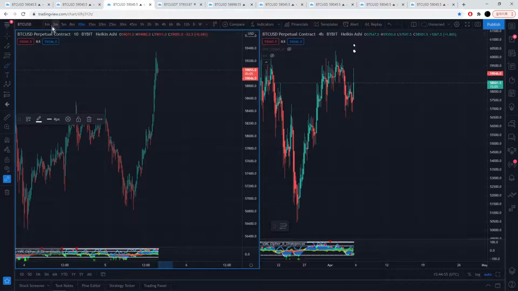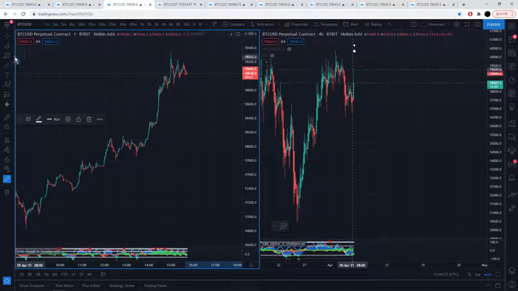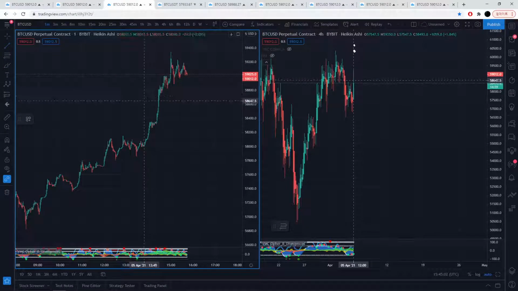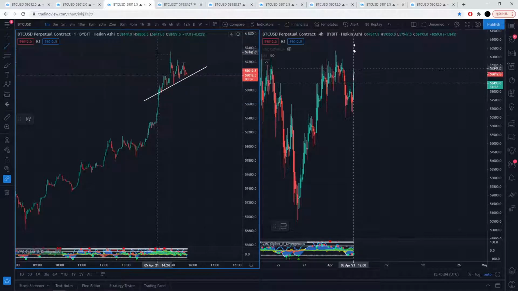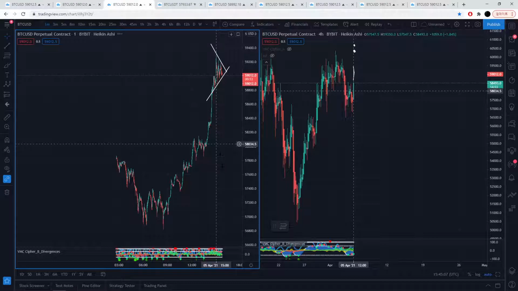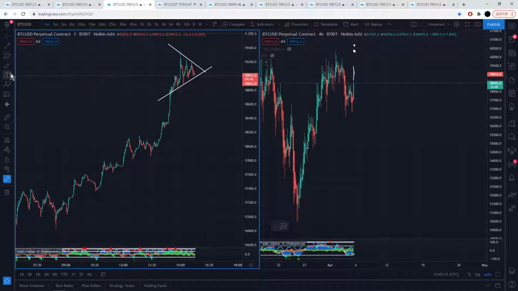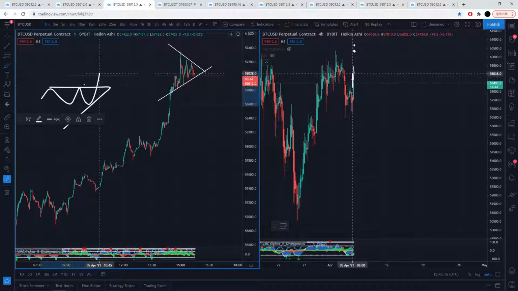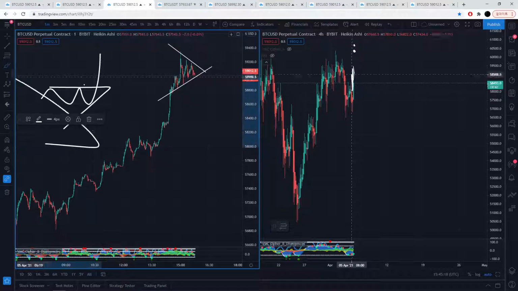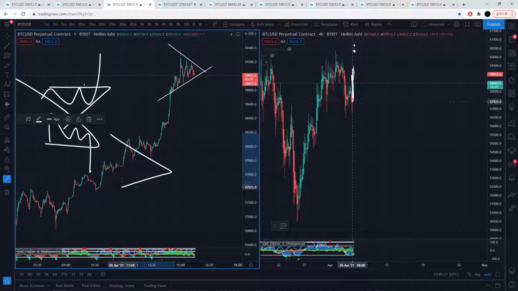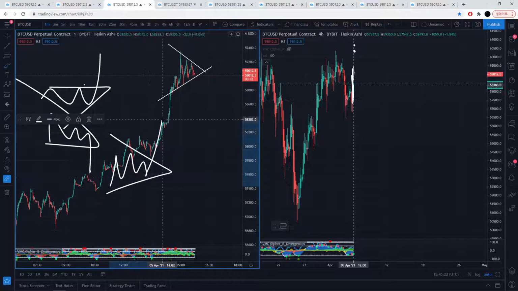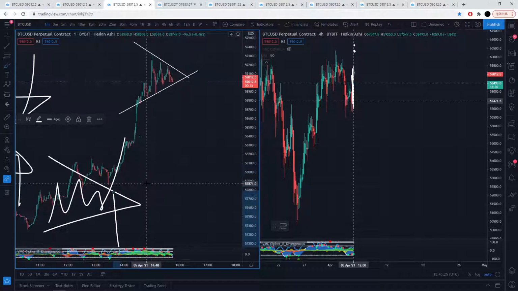But it seems like it's having... oh, interesting. So this is a triangle. There are three types of triangle: ascending, descending, and symmetrical. Symmetrical is 50-50.